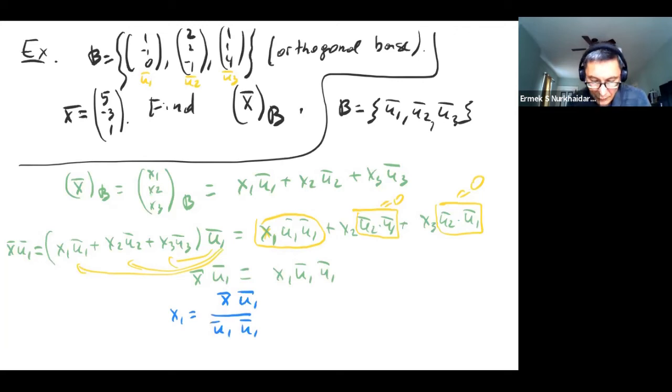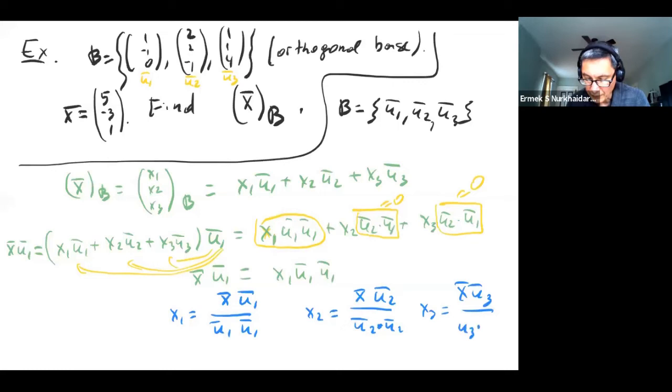And as you can guess, we can also get x2: x2 is going to be x times u2 divided by u2 times u2. And x3 is going to be x times u3 divided by u3 times u3.